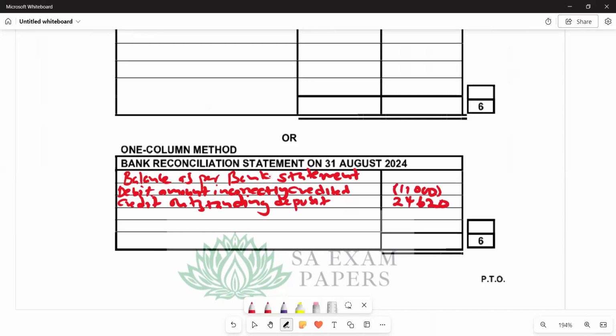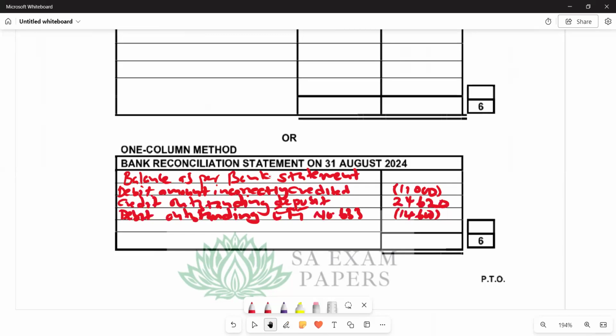And then the other one is an outstanding EFT. So debit outstanding EFT number 633, and the amount that we have is 14,600. We are saying debit, so it's a negative, so we show it in brackets.